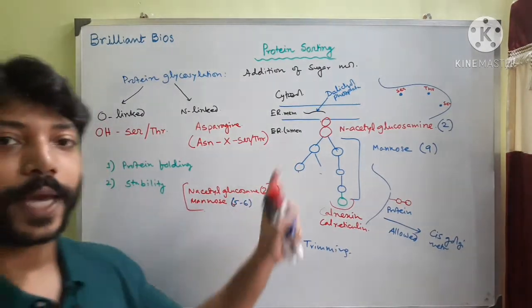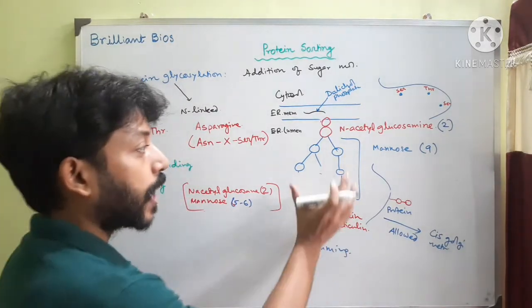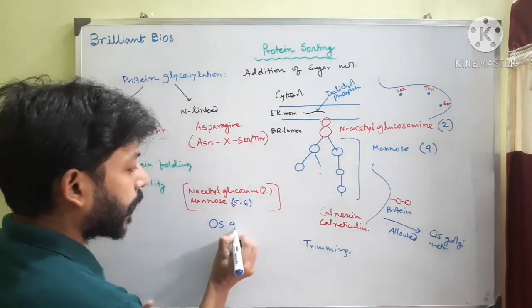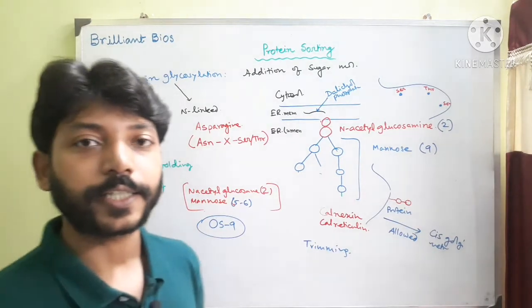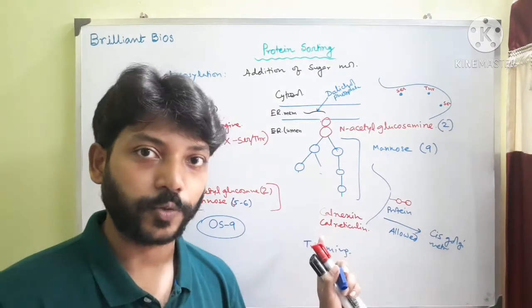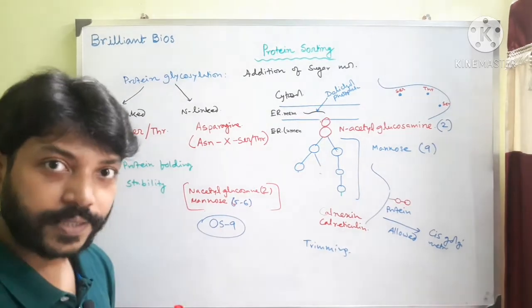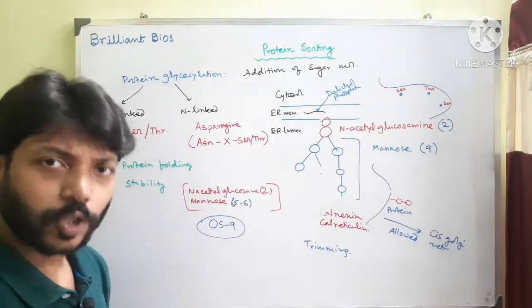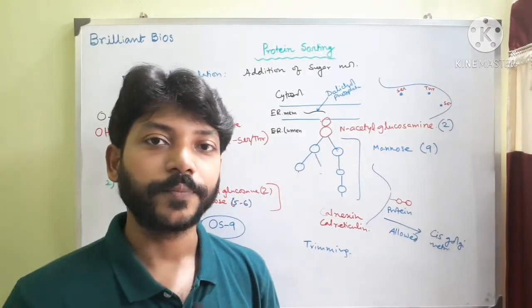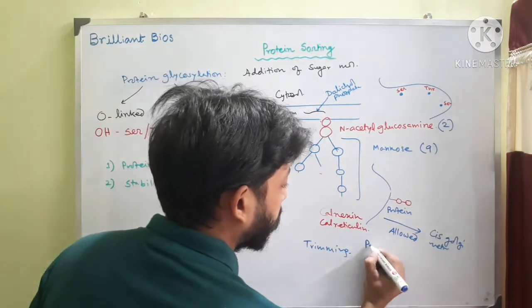In that situation another protein called OS9 attaches to this sugar molecule, and this molecule helps in the degradation and transport of this protein outside the endoplasmic reticulum. So the OS9 protein attaches to this type of oligosaccharide and can sense that this protein is misfolded, not properly folded. Then it helps in the transport of this protein out of the endoplasmic reticulum to the cytoplasm, because that protein goes through proteasomal degradation.